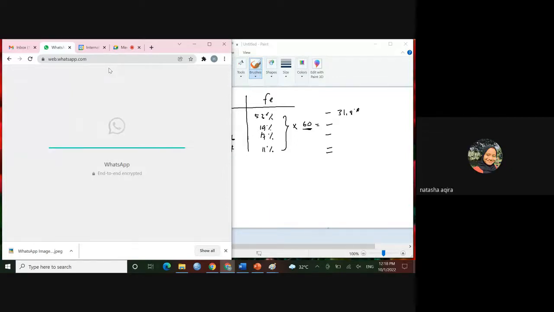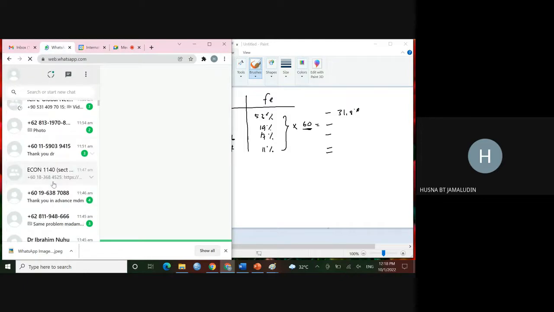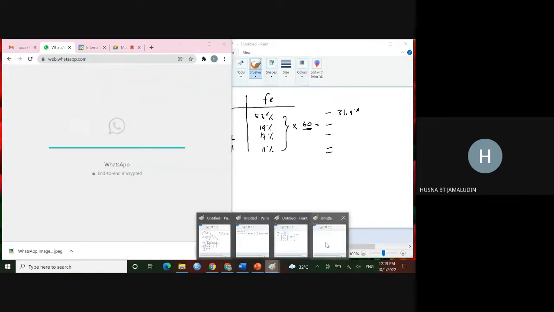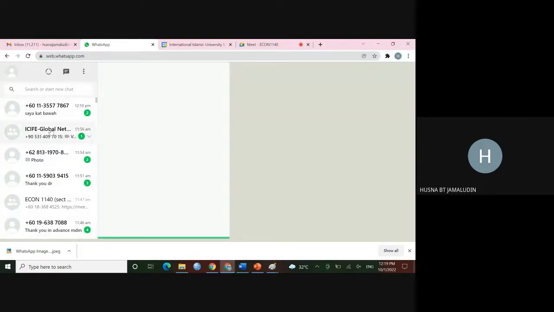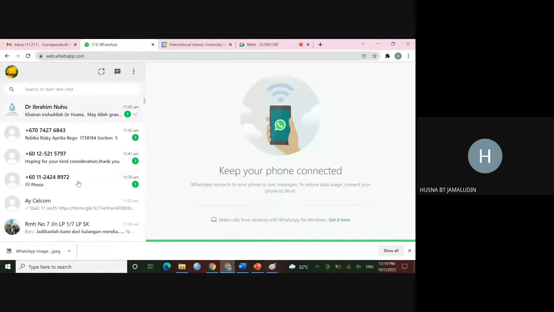Cool. Because I want to open this WhatsApp. Okay, cool. Take some time. While waiting for that, let me open a new one. Okay, where is it? Section.